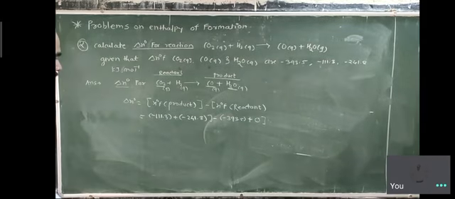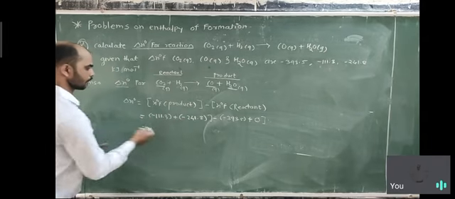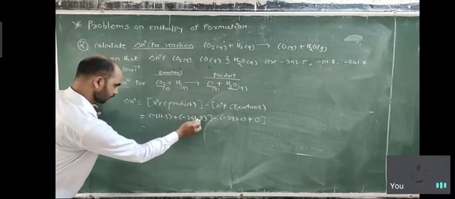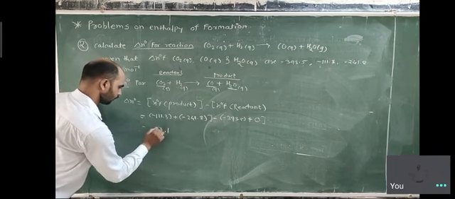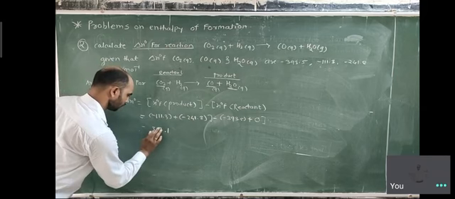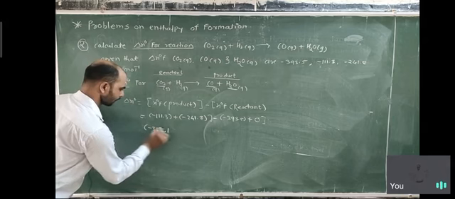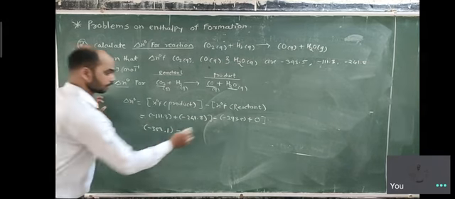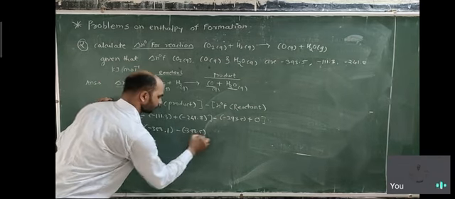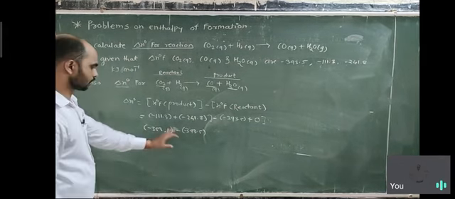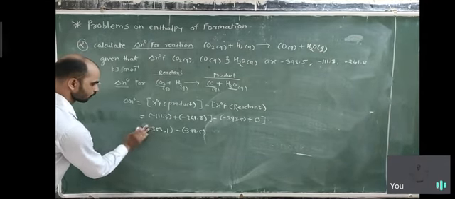Okay. So there is a minus, they add together, so there is 353.1, and the sign is minus here, and this is minus 393.5. Here the value is minus minus, so it is a plus value.